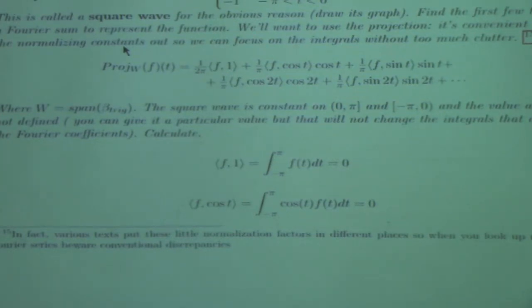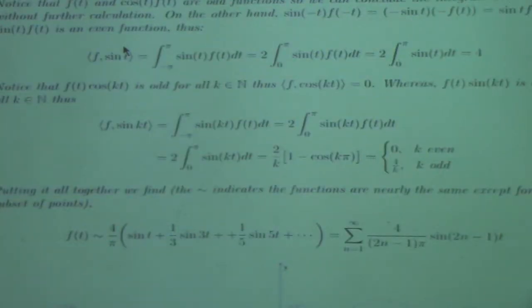I worked that out here. This is actually the inner product. I'm studying inner products in linear algebra, and the inner product of that is just this integral. It works out to 4 for the constant term, and then either 0 if k is even or 4 over k if k is odd.